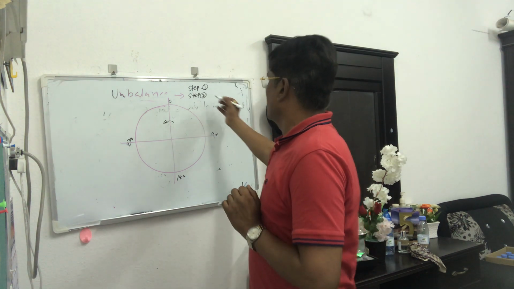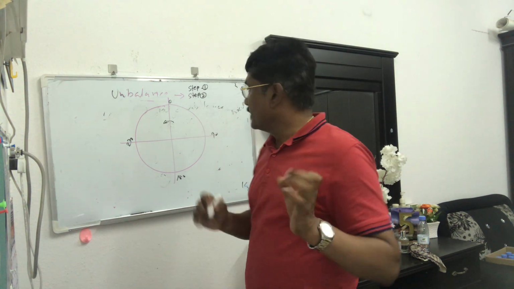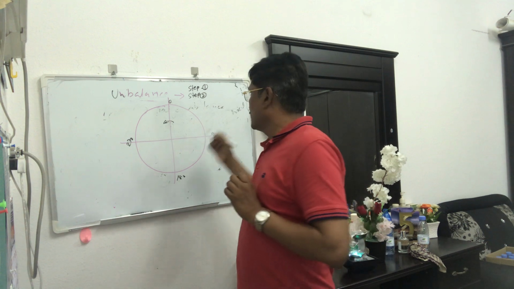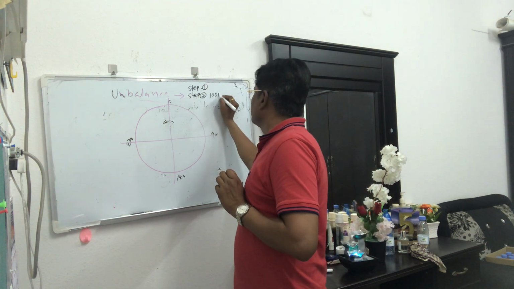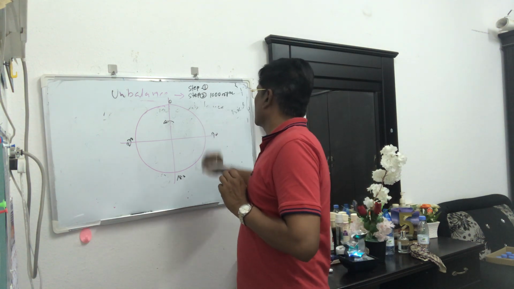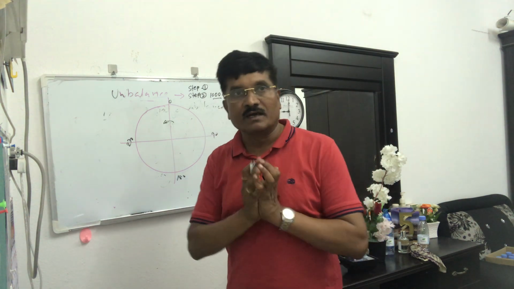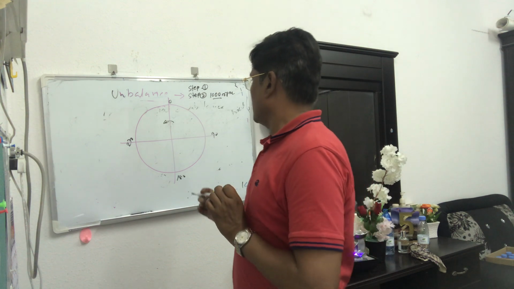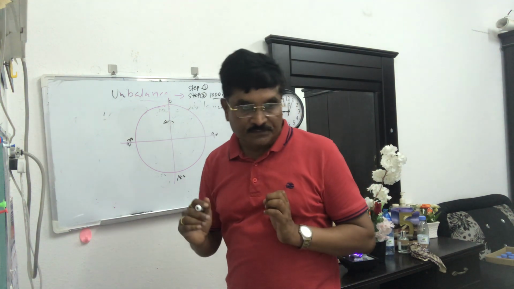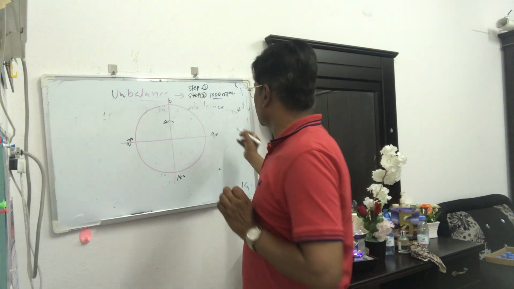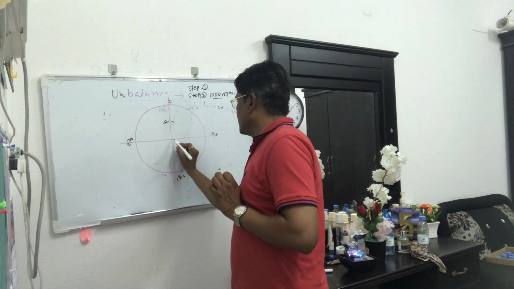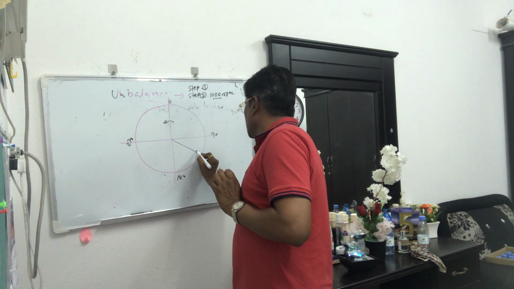Okay. Step 2 is run the machine initially. Say run up to 1000 rpm. This speed is sufficient to know where the unbalance is and how much it is.